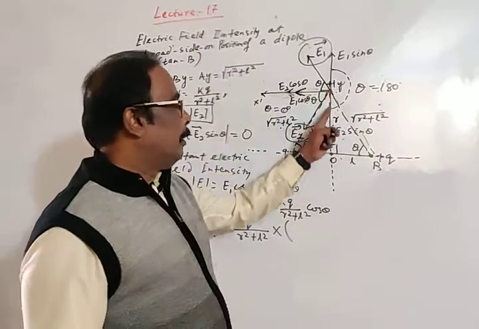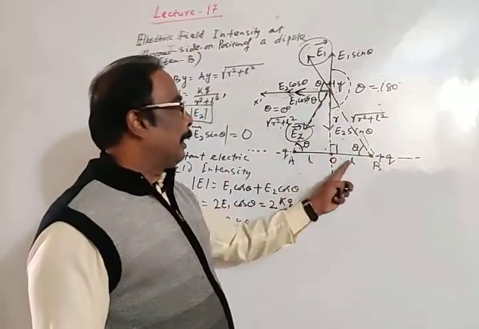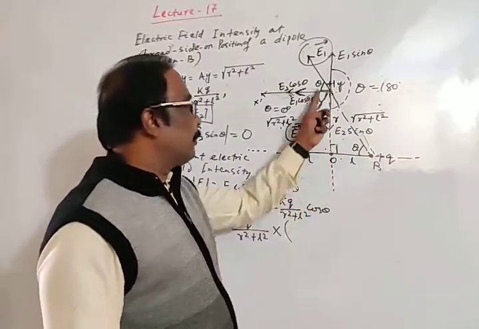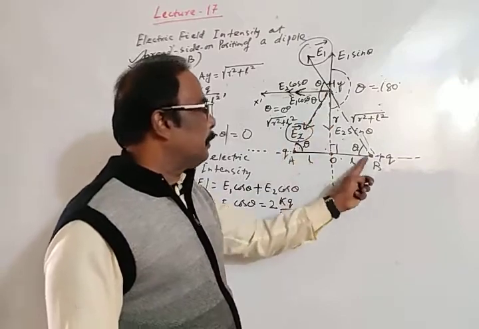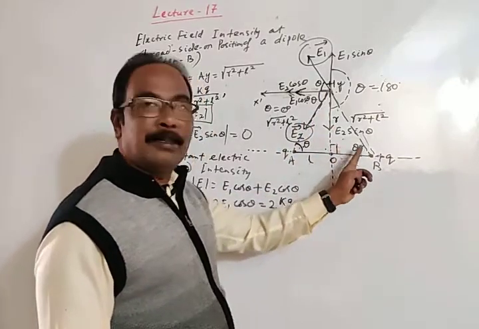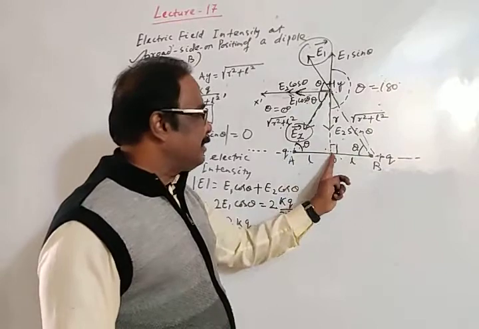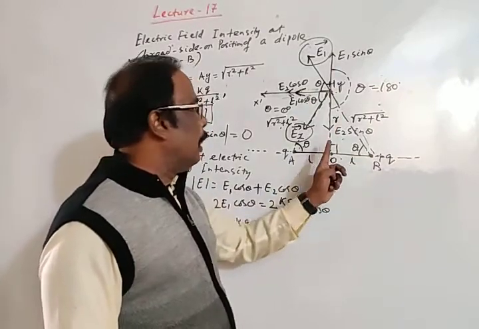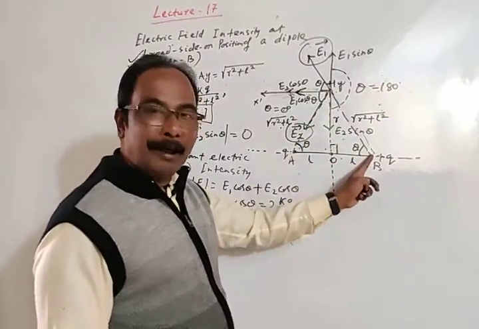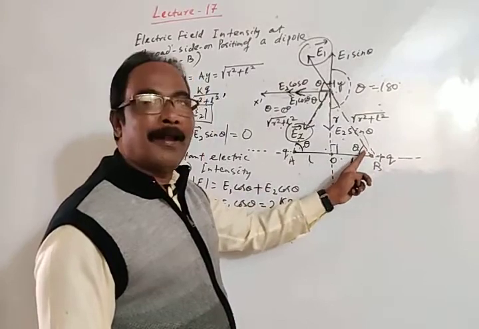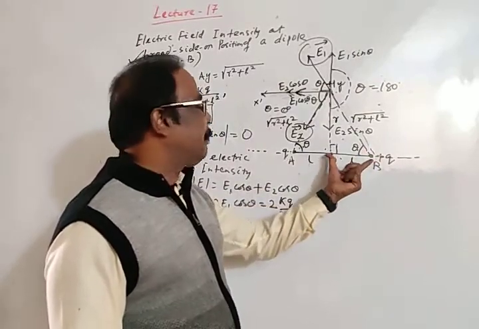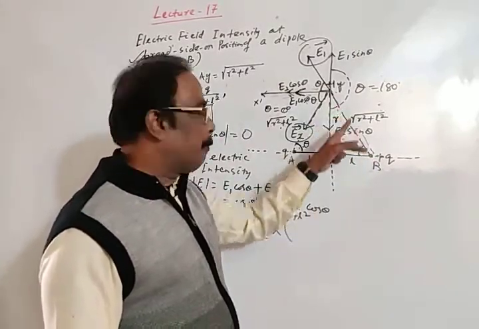See, in any right angle triangle, you may consider this triangle or this angle. Suppose I am considering this triangle, this angle is 90, this angle is theta. Then OYB is the right angle triangle. In this right angle triangle, cos theta is base divided by hypotenuse.